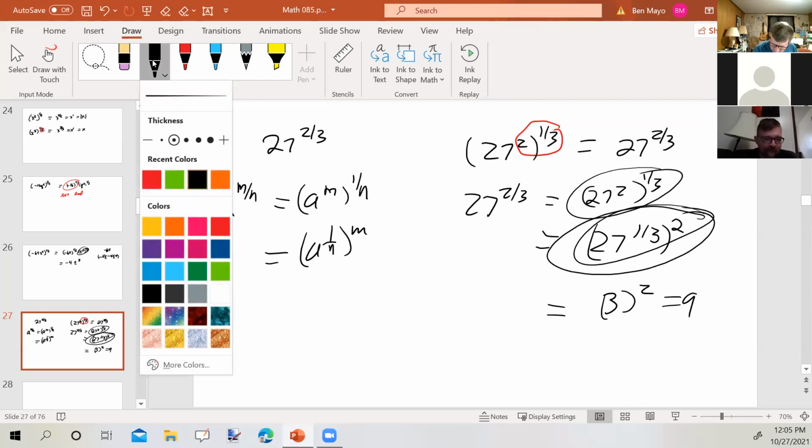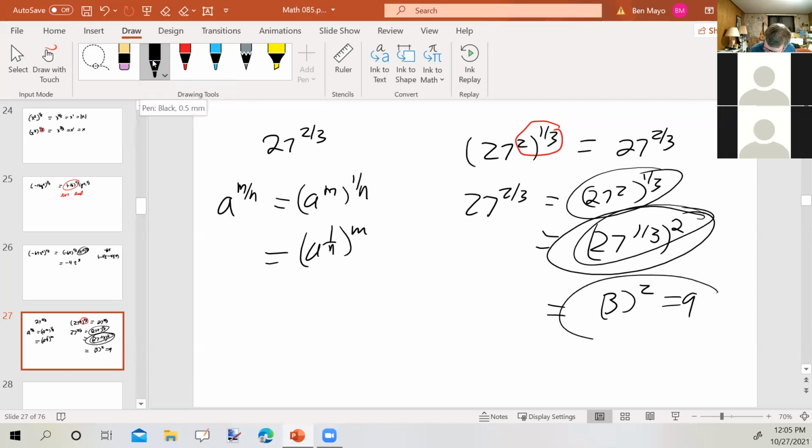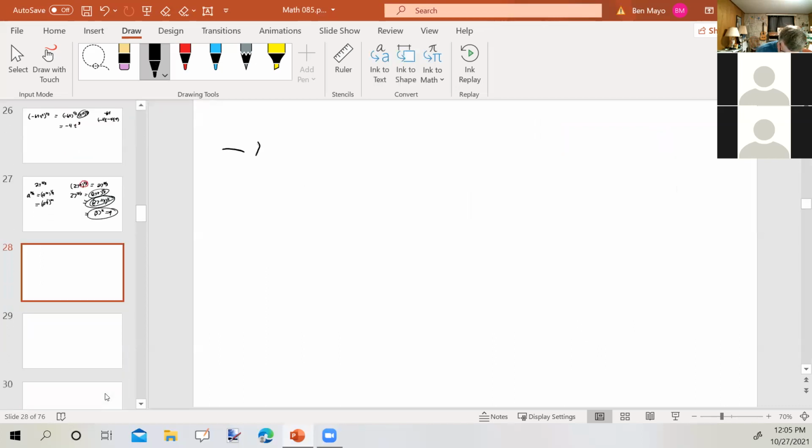Let's see. So I actually never did that problem. Well, yeah, I did do it. I did it right here. Negative 100 to the 3/2 power. Well, we're taking a square root, but be careful, the notation. Here, you'd be taking the square root of negative 100, and this would be not real.